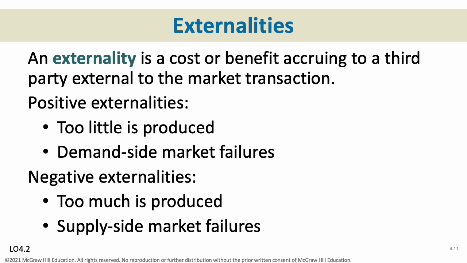An example of something with a negative externality would be something like cigarettes. What have we done with cigarettes in the last several decades? We've put increasingly higher taxes and regulations on them to try to remove a good amount of them from the market. You could say that they have a negative externality, they're harmful to society, and as a consequence, we want to reduce the number of cigarettes by raising their cost.